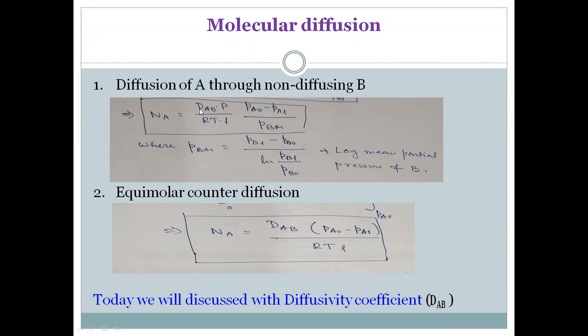Because diffusivity you can change in folds, and if you can increase the diffusivity to a higher level, then automatically the flux will increase. That means you can get better separation in a smaller equipment. So today we will talk about the diffusivity coefficient, or diffusivity. Sometimes it is called DAB, where A is diffusing through B.